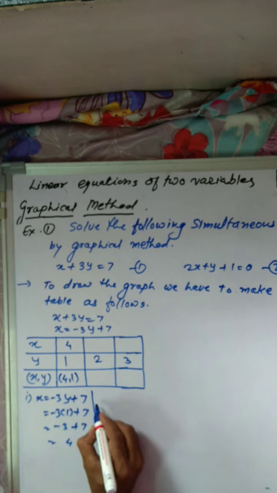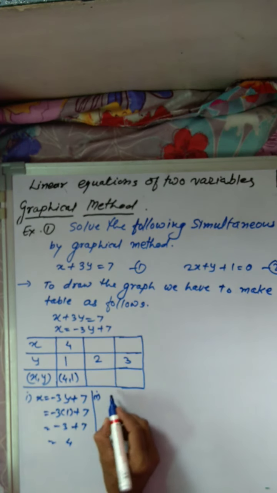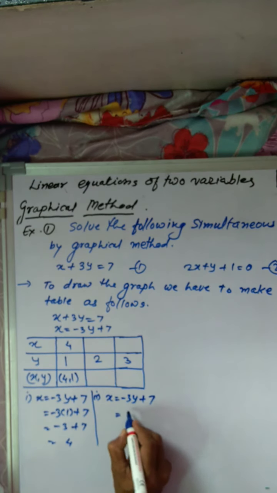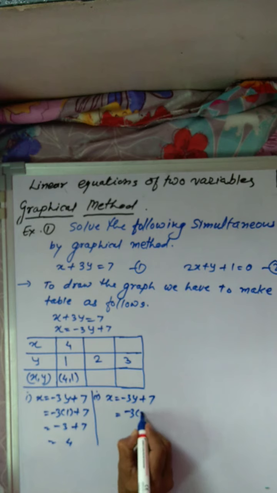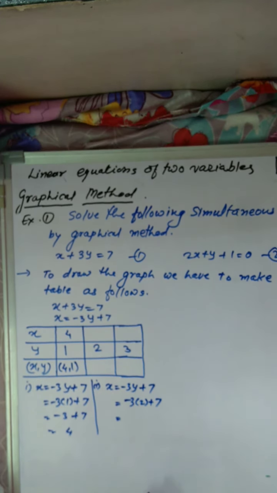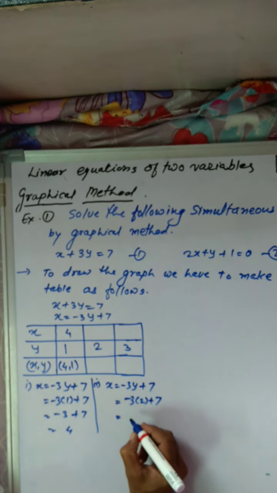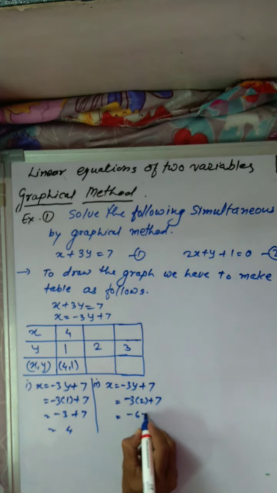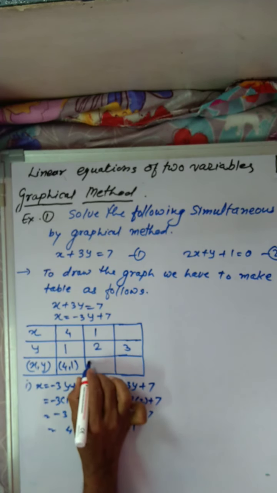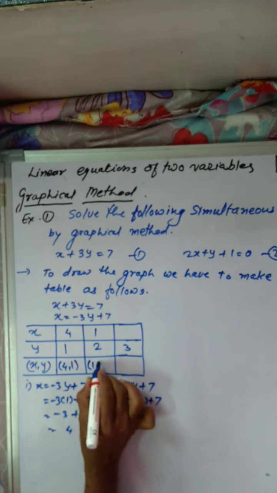Similarly, take the other values. x is equal to minus 3y plus 7, minus 3 into 2 plus 7, minus 6 plus 7, which is 1. Hence the other point is 1, 2.